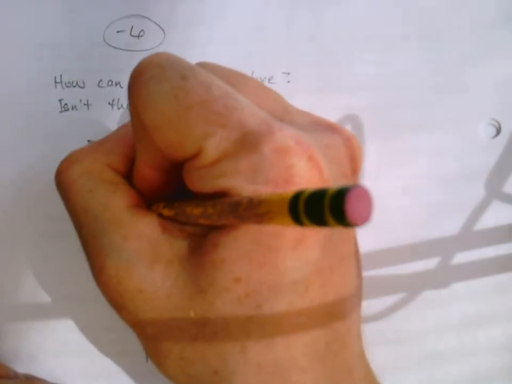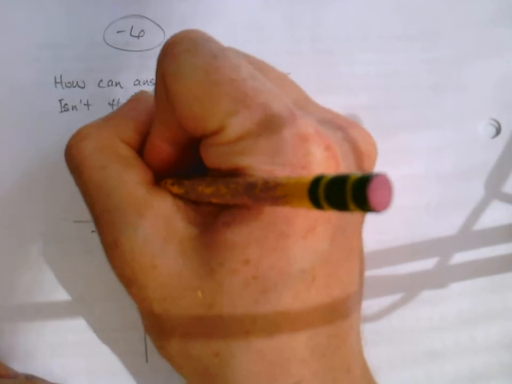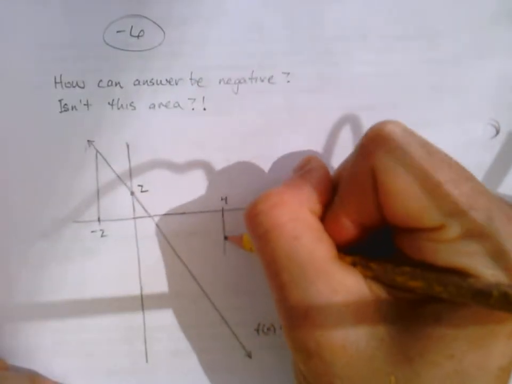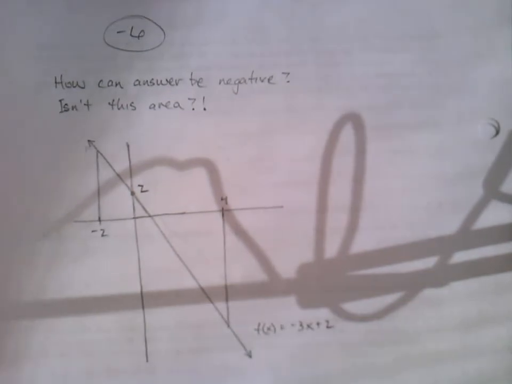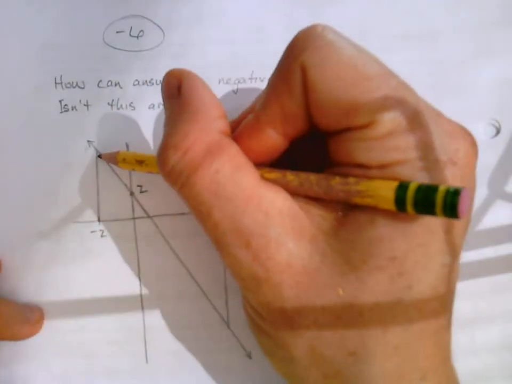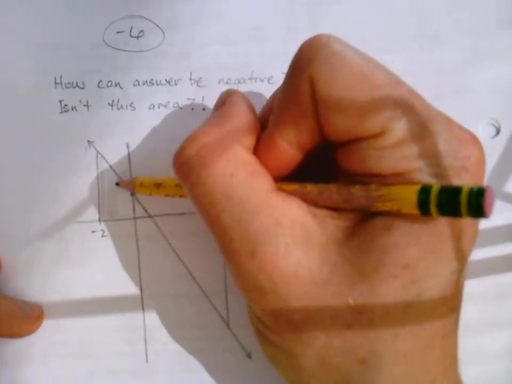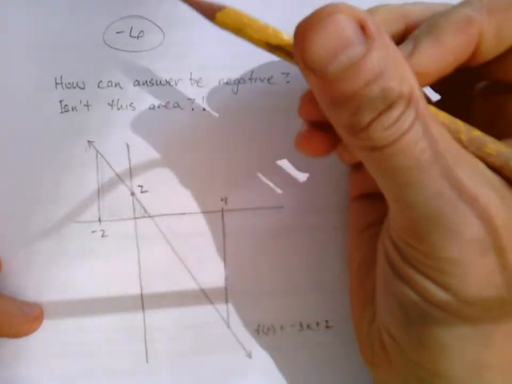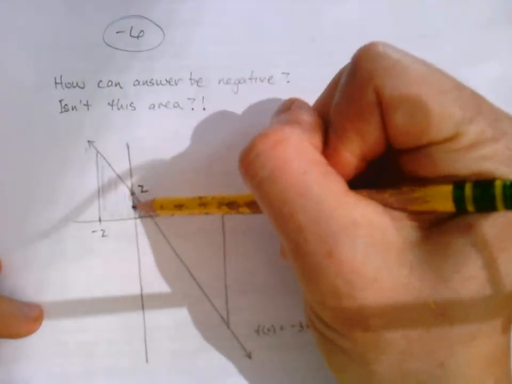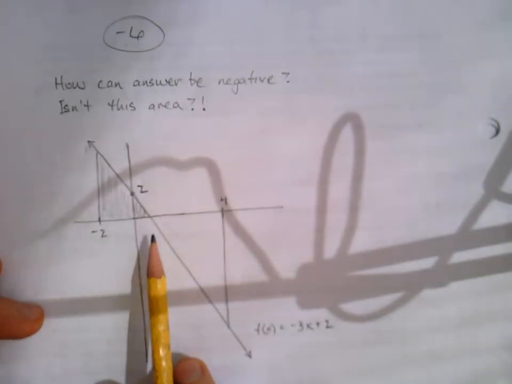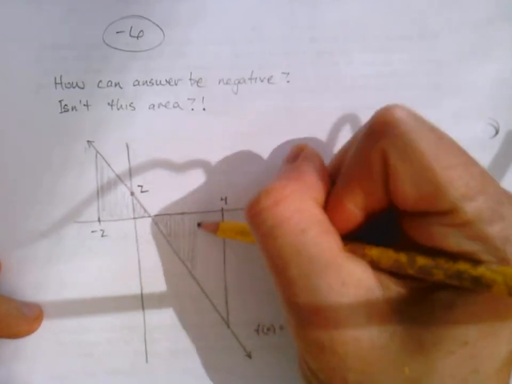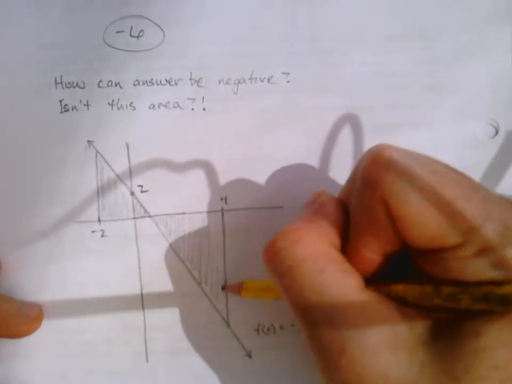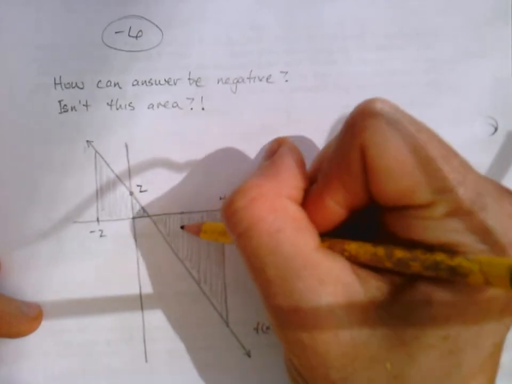So we looked at the area starting at negative 2, ending at 4. Well, what happened? It's always the area between the function and the x-axis. So at first it's this triangle right there, but then when it crosses over, it becomes this area. Right? It's always the area between the function and the x-axis.